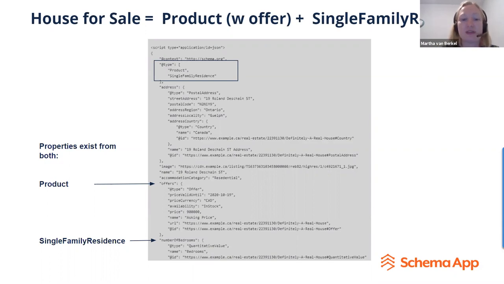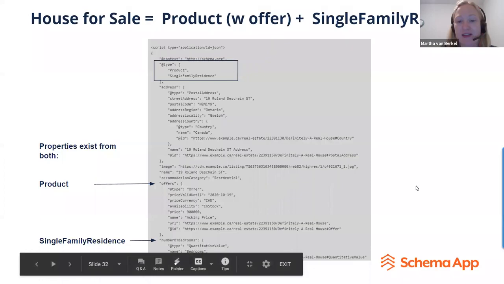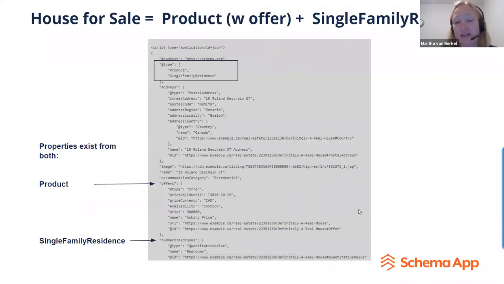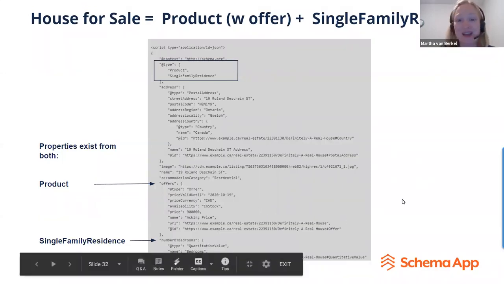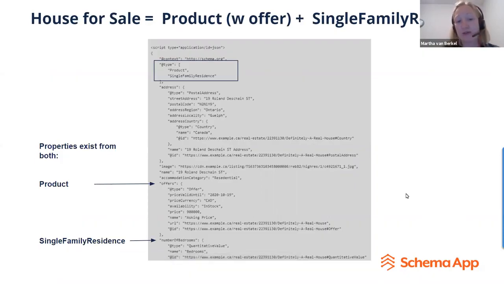For example, you can describe, using product, all the offerings, what the asking price is, ideally linking it to the URL and @id for where it's described. And then you also get the properties for single family residence. In this case, we're illustrating how number of bedrooms would be really illustrative of that. So again, you're using a multi-type entity when both types and all the properties help you best describe it.